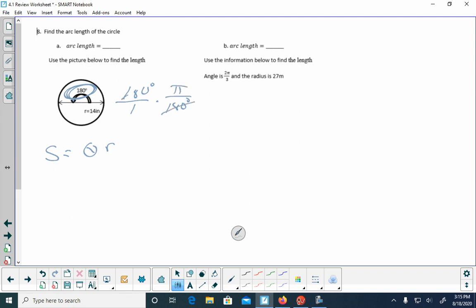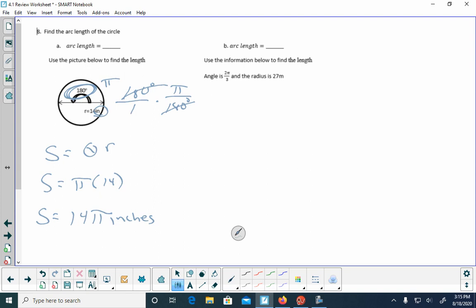The whole 180 degrees will simplify, and so my angle in radians is just going to be pi. So the arc length is equal to pi times my radius, which they're telling me is 14. So my arc length is going to be 14 pi. Go up here, and whatever that unit is, that's the unit for your answer. So my answer is going to be 14 pi inches, or I can multiply the 14 by 3.14 to get an approximation.